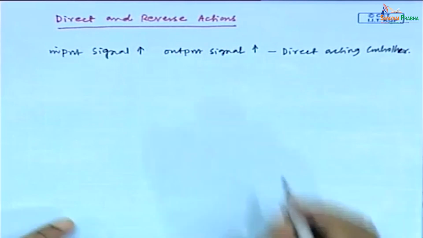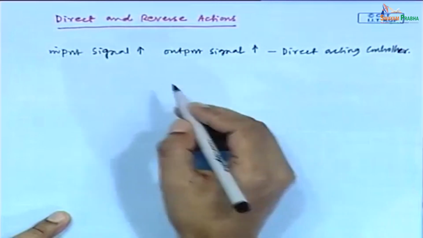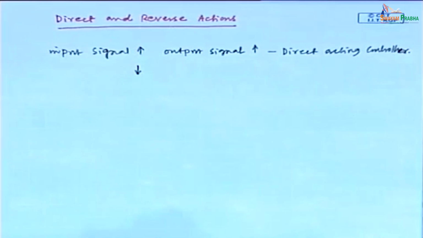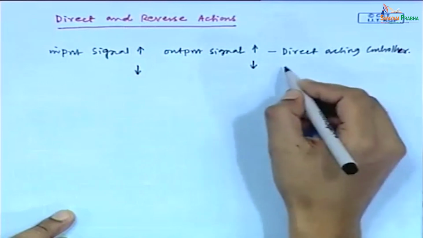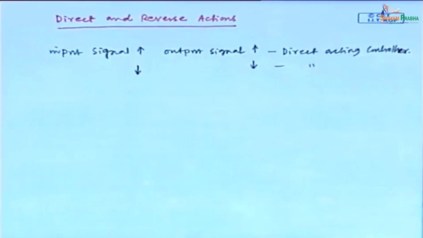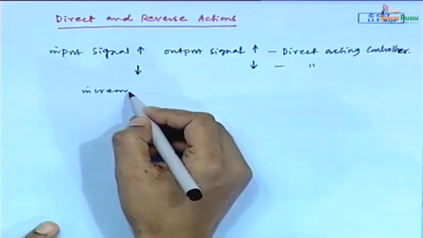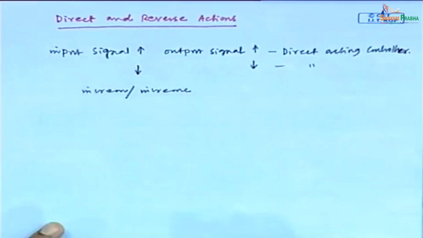Fine. Similarly, we can say that as the input signal to the controller decreases, the output signal from the controller must decrease for direct acting controller. So, if the input signal increases, the output signal should increase for direct acting controller.